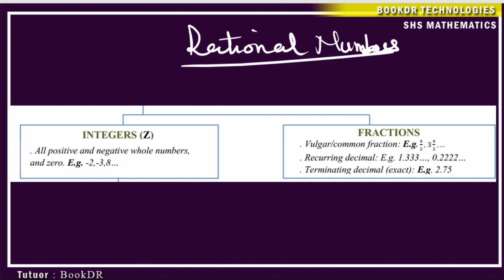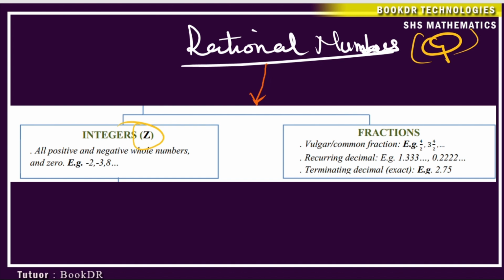Fractions may include vulgar fractions, recurring decimal fractions, terminating decimal fractions, percentage fractions, etc. When you combine the integers and the fractions, they form what is known as the rational numbers. So this is the composition of rational numbers. Rational numbers are always denoted with the letter Q, and integers with the letter Z.